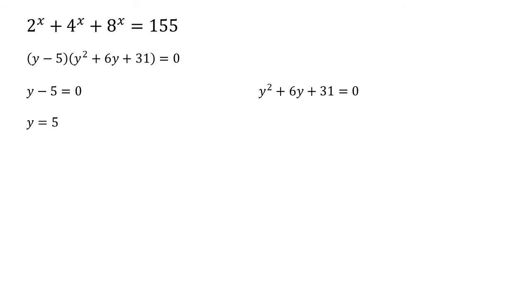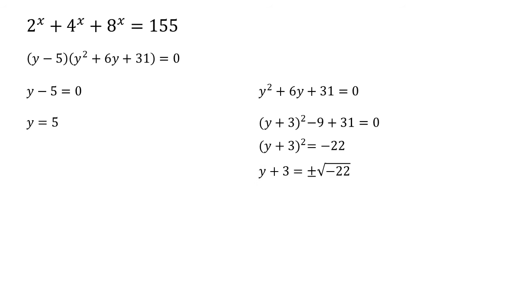So we've got 6y there. So if we halve that, we'll end up with y plus 3 all squared. I then subtract the 3 squared, the 9, just to cancel it out again. And I've still got plus 31 equals 0 on the end. Adding the 9, subtracting the 31, we get that y plus 3 all squared equals minus 22.